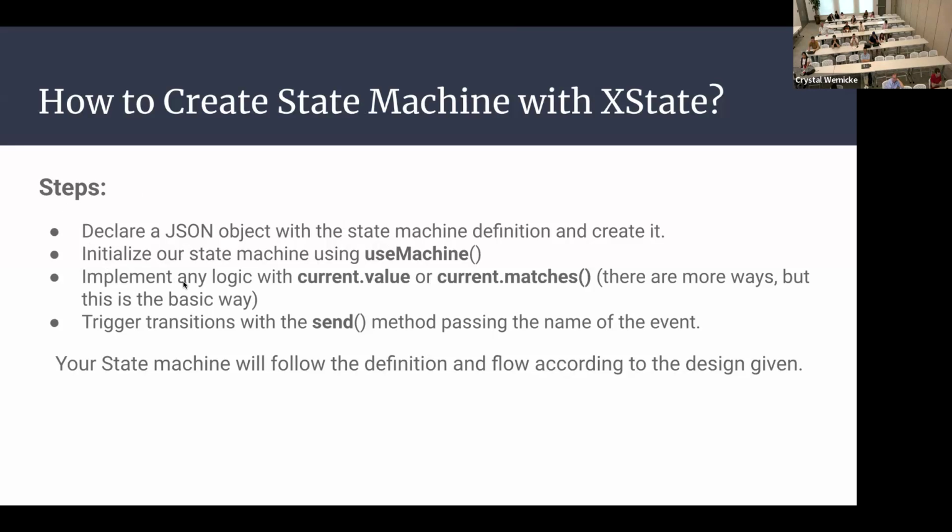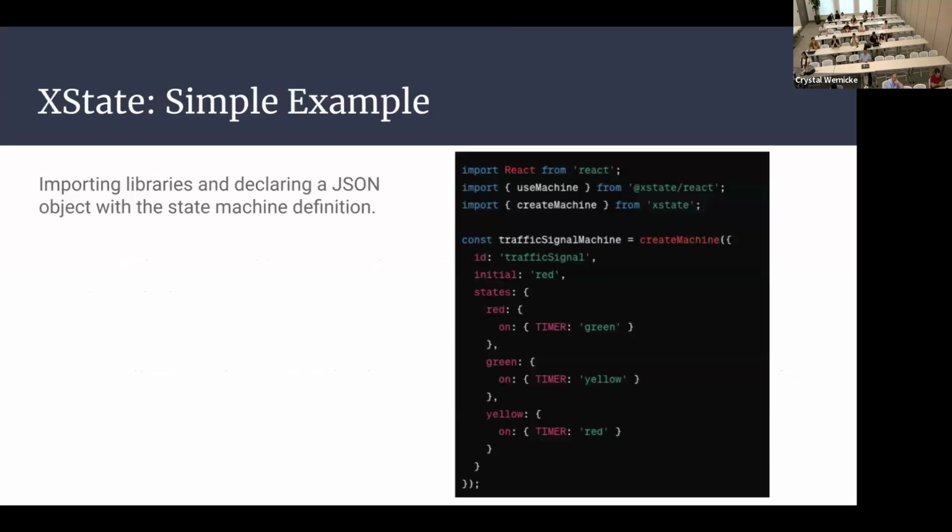And we implement any logic with current.value or current.matches. There are more ways, but this is the simplest way you guys can get started with. And trigger transitions with the send method passing the name of the event. And obviously it will follow the same flow that we give to our state machine on our JSON. I'm going to show that now.